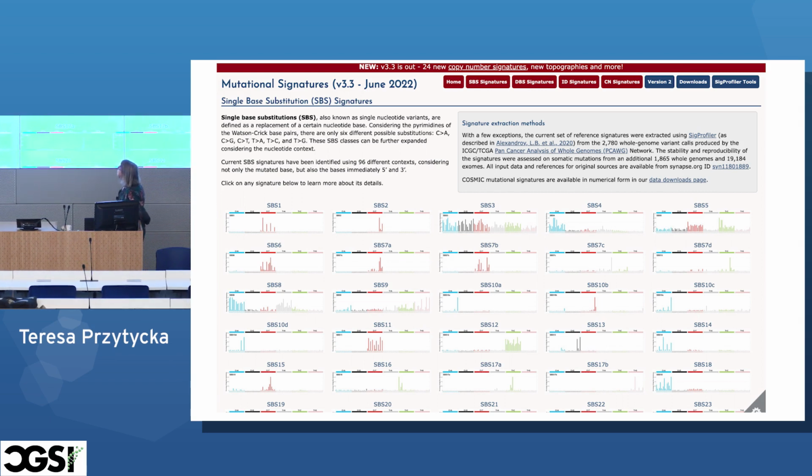If you zoom to this web page, you can quickly see a summary of what we know about each signature and what is not known. This glass is probably more half empty than half full. We know a little bit about many of those signatures, but we don't know a lot about most of them. So one question is how we are going to link those signatures to some molecular causes.